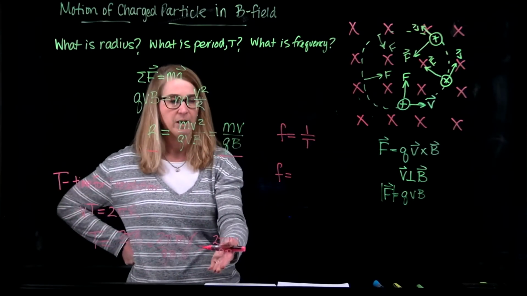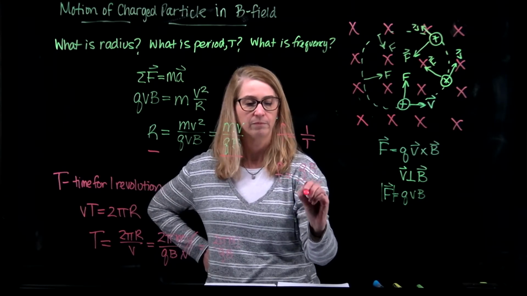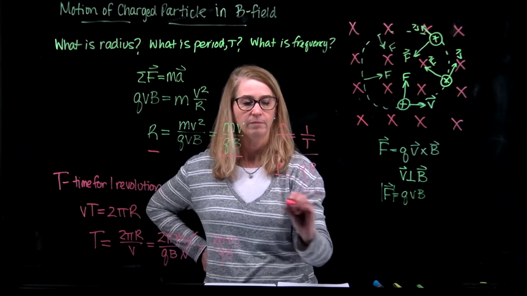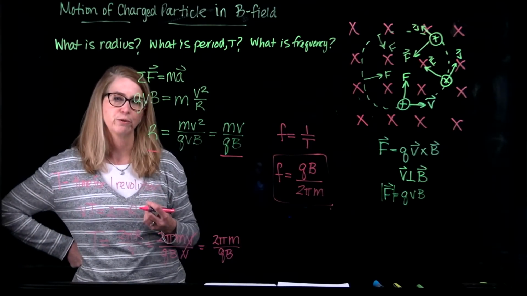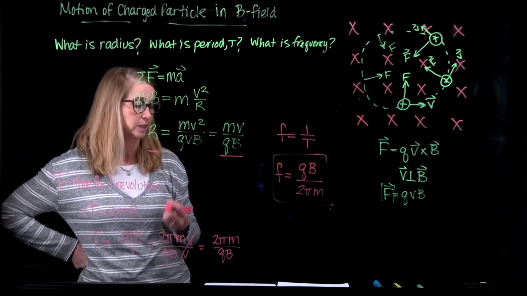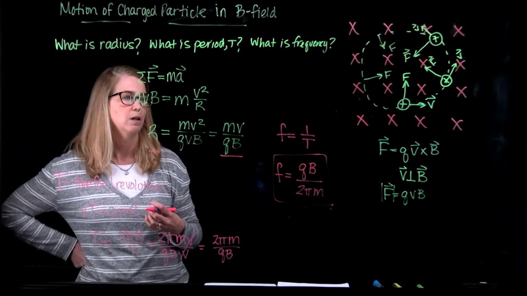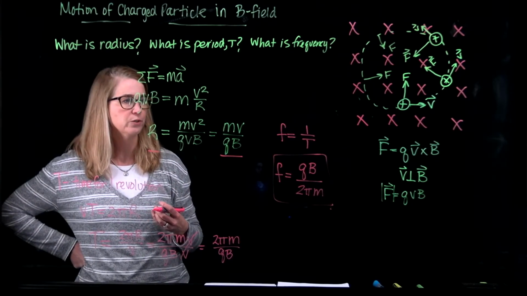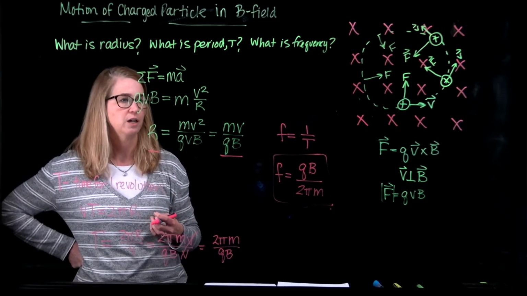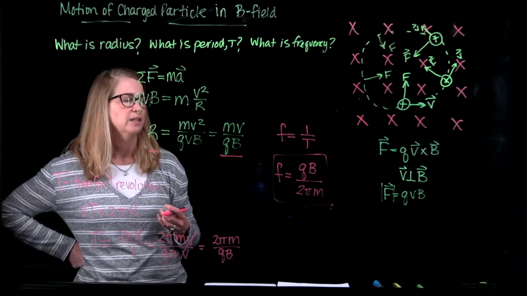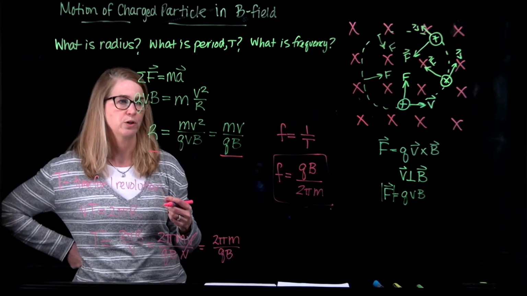So I simply take my expression for period and flip it. And that tells me what the frequency is. Sometimes this is referred to as the cyclotron frequency because that is the motion that is used to contain charged particles in magnetic fields. And that motion is sort of a characteristic of what you're dealing with. And also, again, keeping in mind that this is a very important motion of a charged particle.